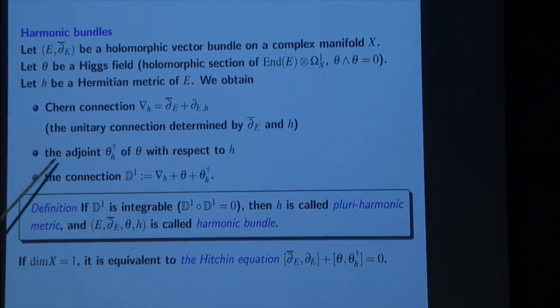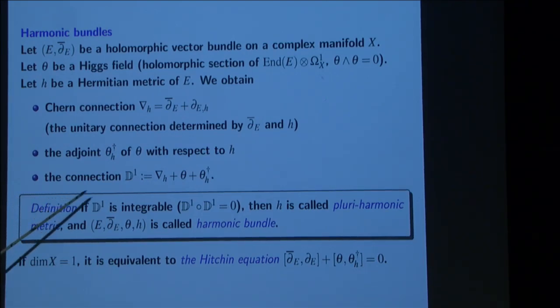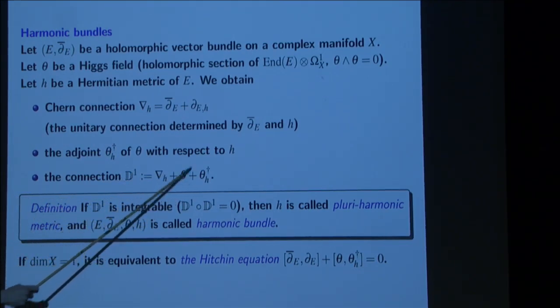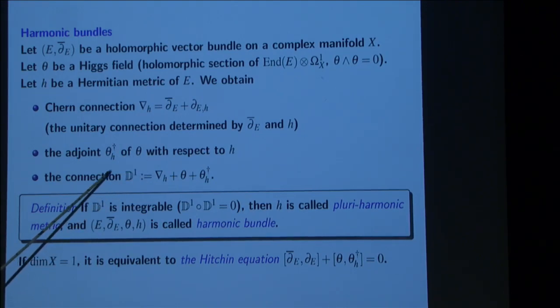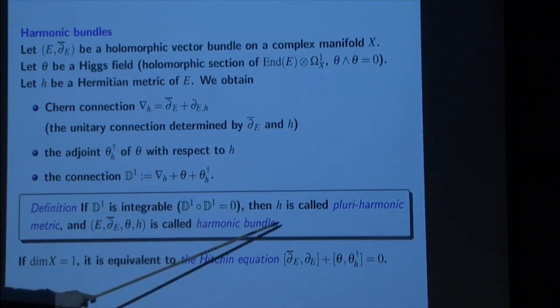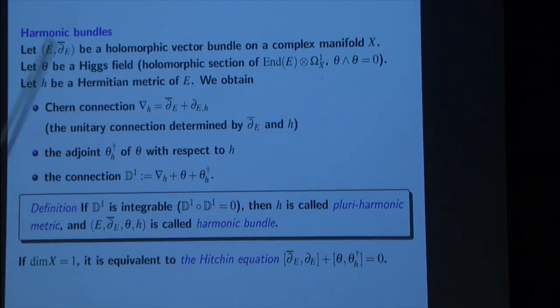And we have the adjoint of the Higgs field with respect to the metric h. By taking the sum of the Chern connection and the Higgs field and its adjoint, we obtain a connection denoted by D1. Then, if this connection is integrable, I mean the curvature vanishes, then the metric is called a pure harmonic metric of the Higgs bundle. And the tuple of Higgs bundle and pure harmonic metric is called a harmonic bundle.